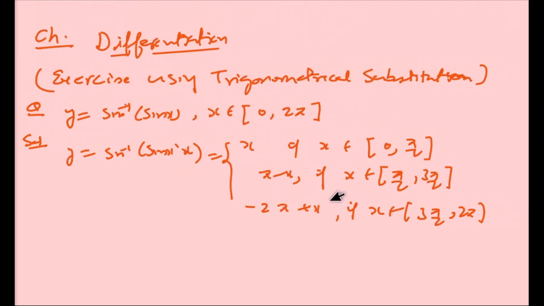So after understanding this detail, you can write this way: let x equal to pi by 2, then sin pi by 2 is 1.